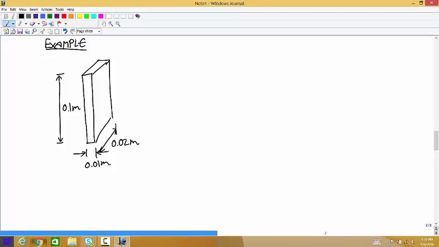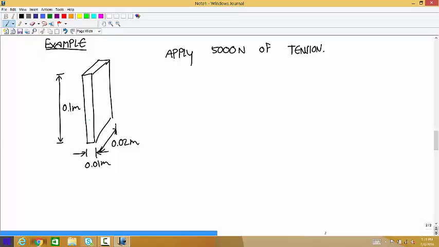And let's say that we now put this object into 5,000 newtons of tension. And when we do that, let me put some axis directions on here.